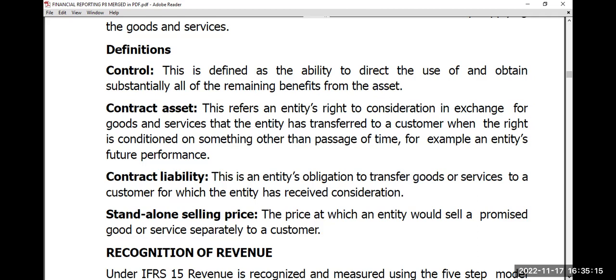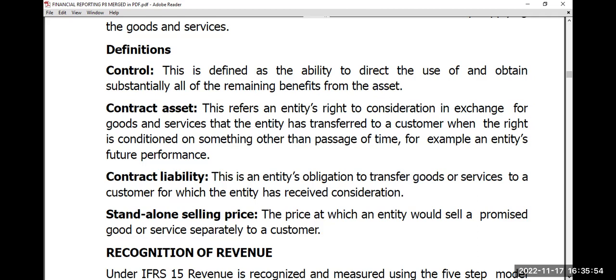Then the other item we may look at is a standalone selling price. A standalone selling price, as the word suggests, is the price that belongs to a certain item. But what happens in a contract arrangement is that sometimes these goods and services are supplied in a group.